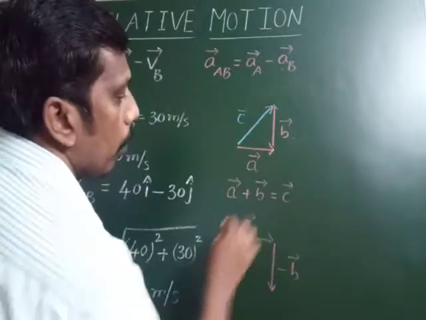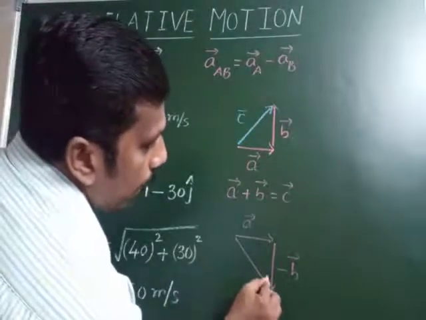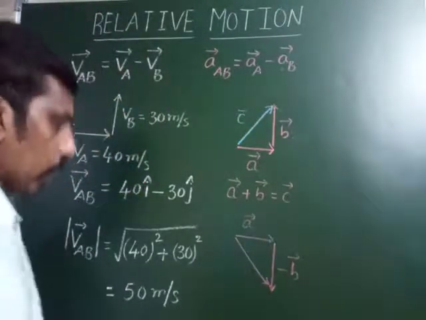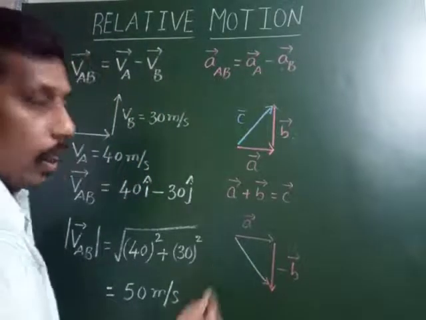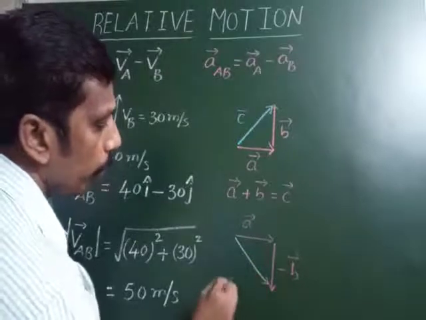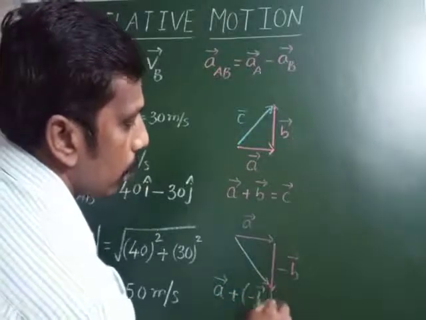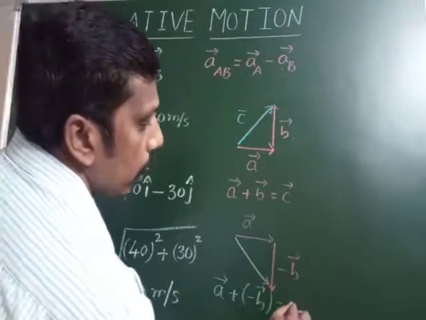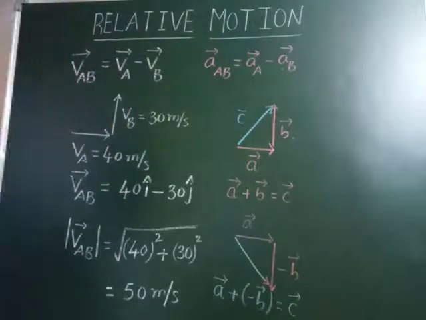Here A bar and minus B bar: the resultant of these two vectors is given by the closing side in reverse direction. According to that law, A bar plus minus B bar is equal to the closing vector C bar. From this we can write A bar minus B bar is equal to C bar.